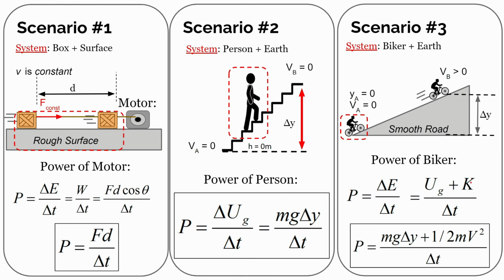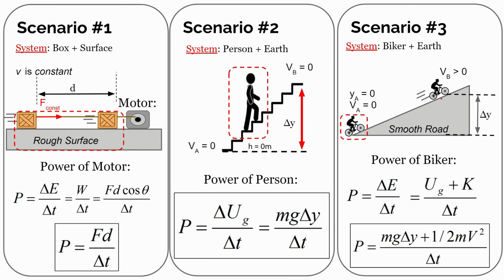A little bit expanded, the equation would be power is equal to the mass of the biker times the gravitational field strength of the Earth times their change in vertical position, plus 1/2 times the mass of the biker times their speed squared, divided by the time it took them to go from position A to position B up here.